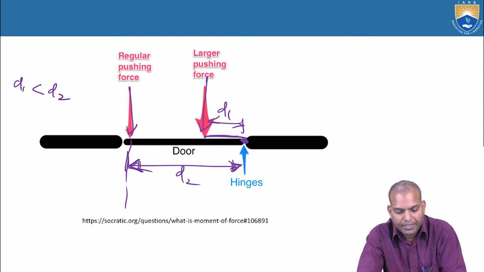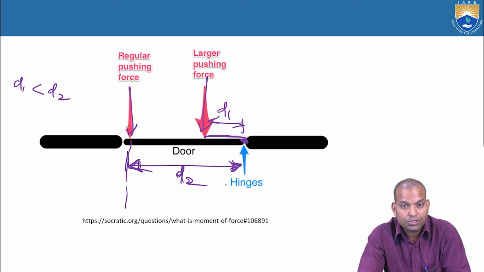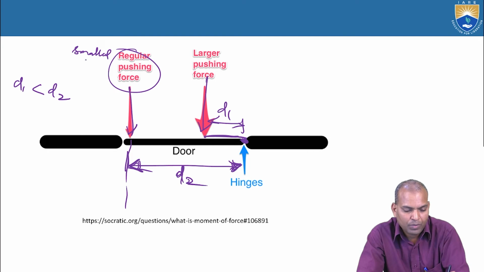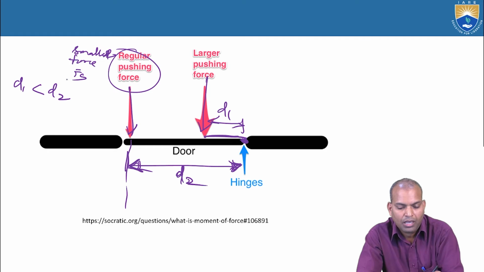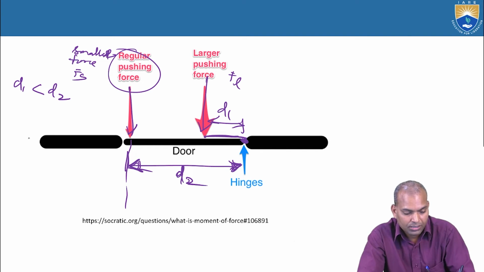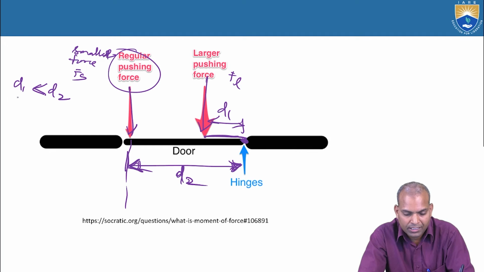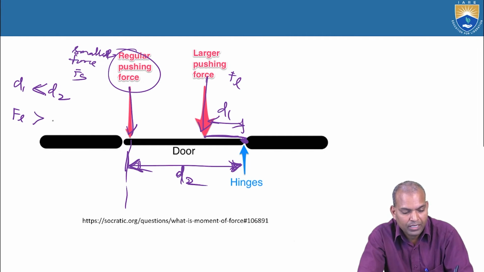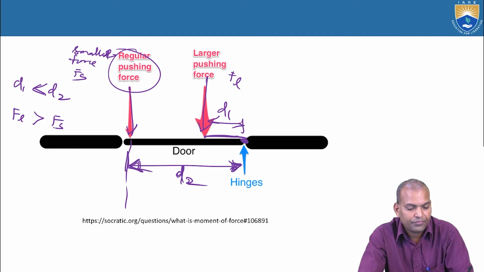Because the larger the distance, the smaller the force. If you consider Fs the smaller force and Fl the larger force, then d1 is less than d2, and the larger pushing force Fl is greater than Fs.